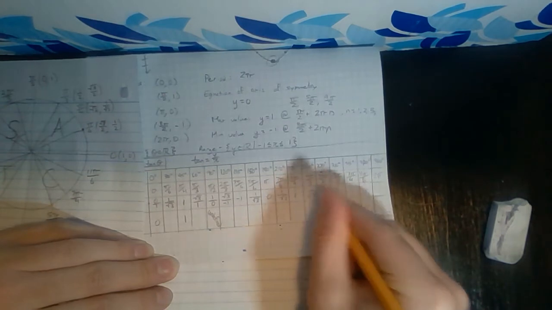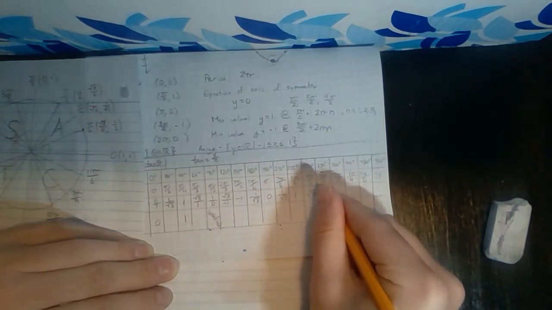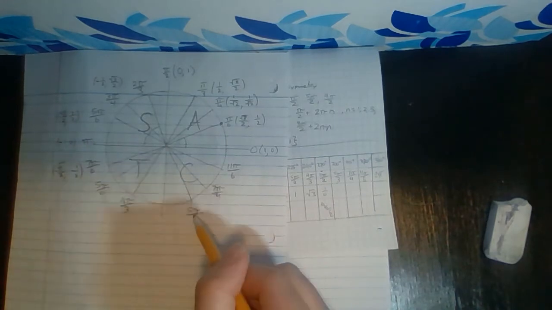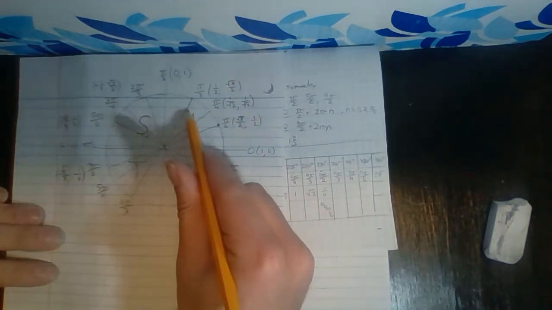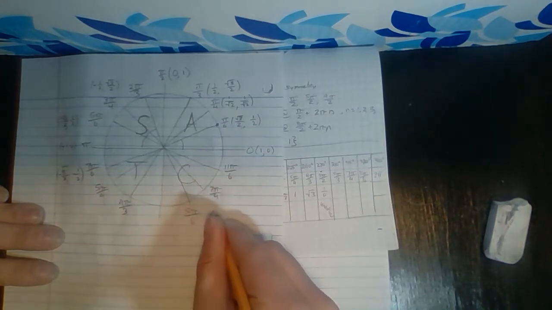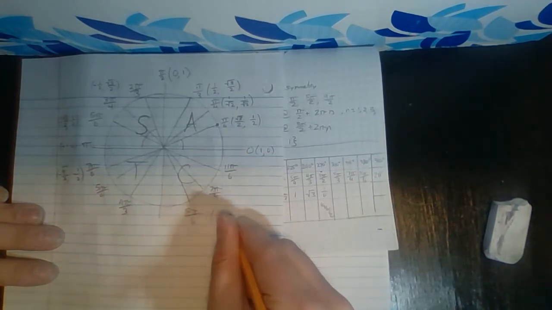Root 3. And then our 1 over 0, which is our undefined. And we're going to repeat. Down here, 5 pi over 6. Again, our reference angle is pi over 3. Our cos is positive. Our sine is negative.